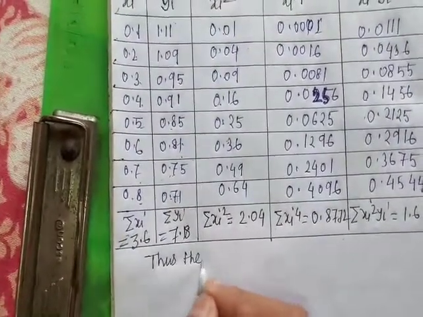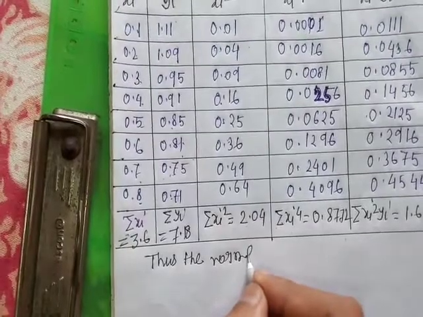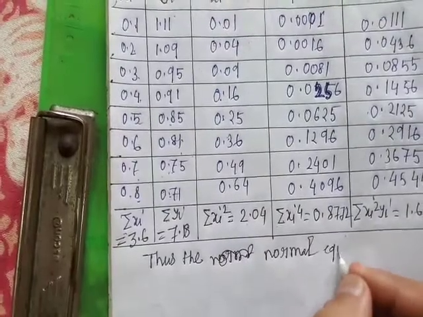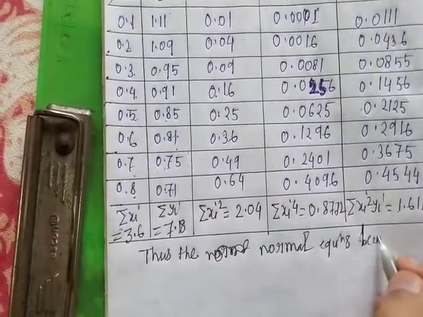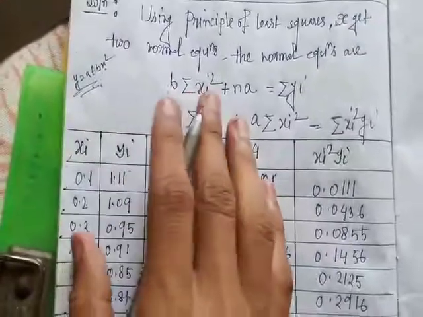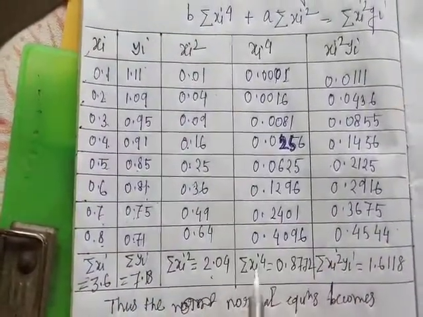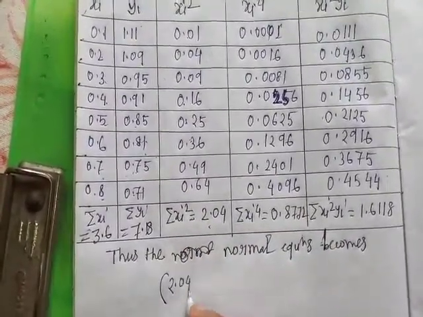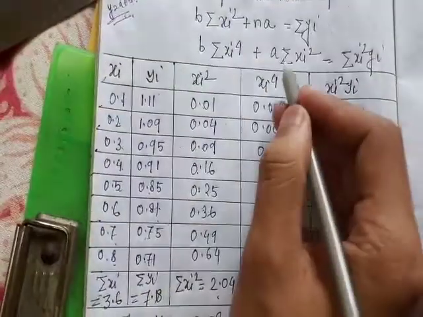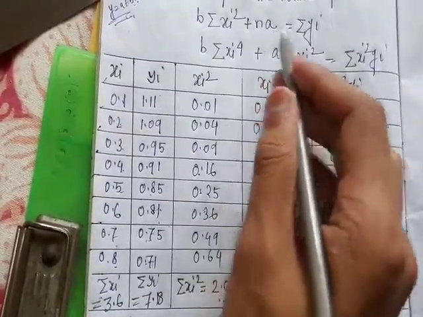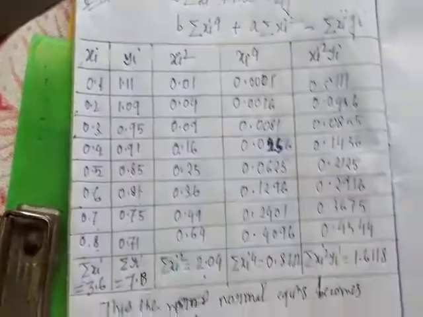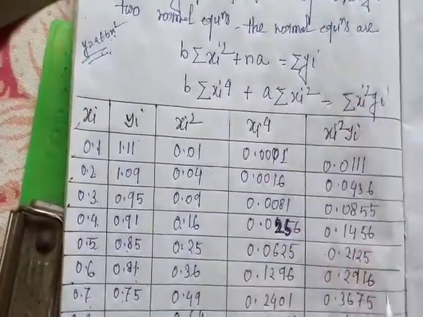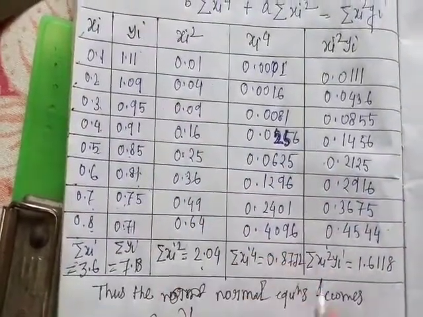Thus the normal equations become: 2.04 into b plus n into a, where the number of data is 8, so 8a, equal to summation yi, which is 7.18.